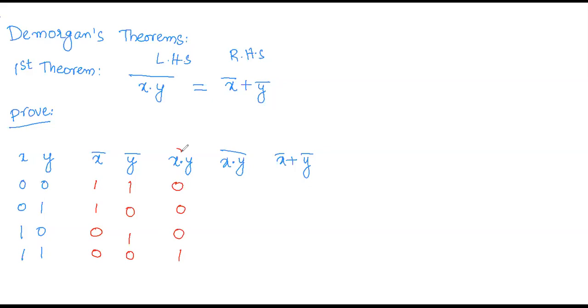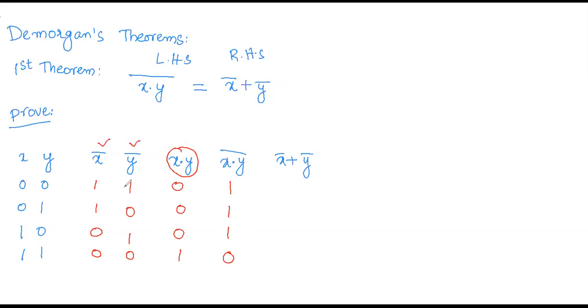Now, this is completely one variable and we are taking the complement of it. When you take the complement, 0 will be converted into 1, and 1 will be converted into 0. Now x bar plus y bar. Now add x bar and y bar.